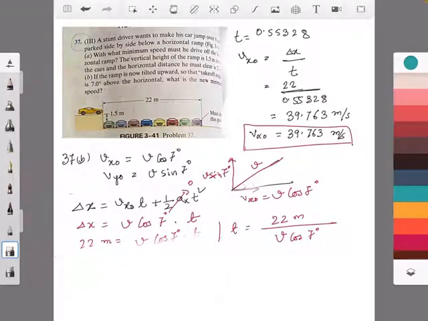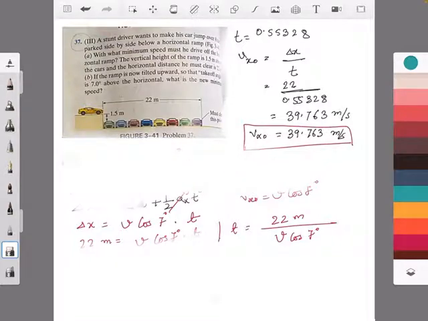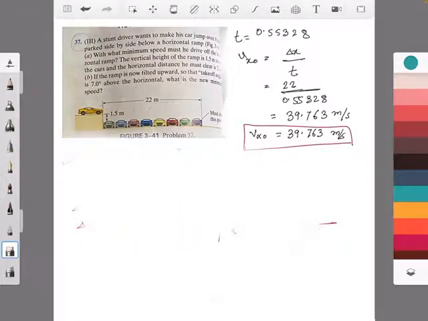I'm running out of space, so let's delete this part. So we already know that t is 22 meters divided by v cos 7 degrees, which we got from our x equation.